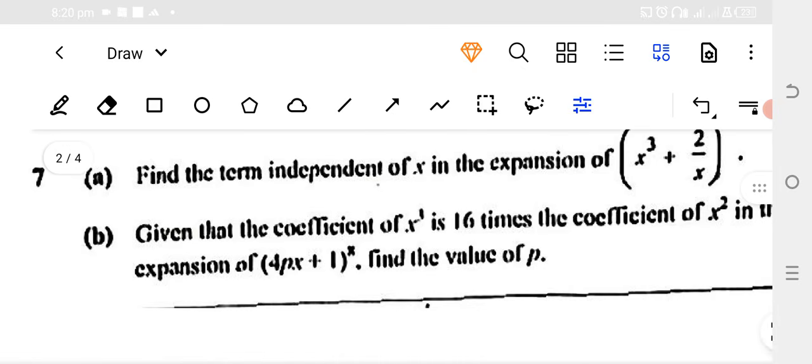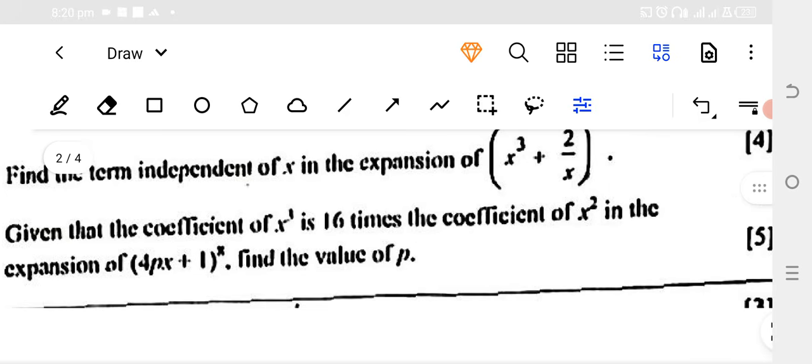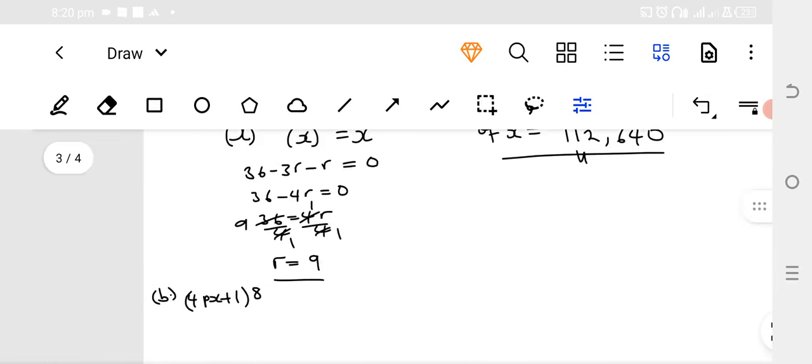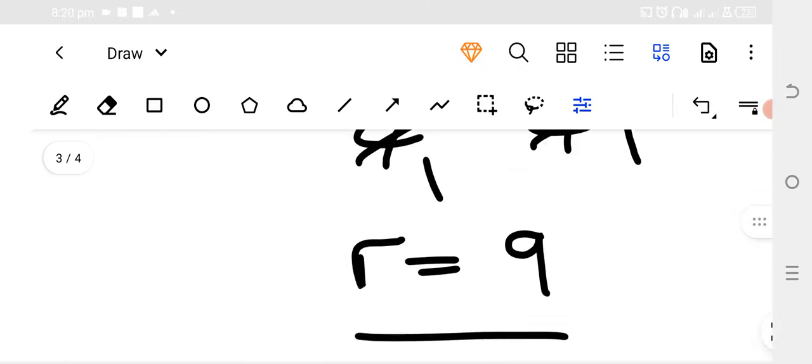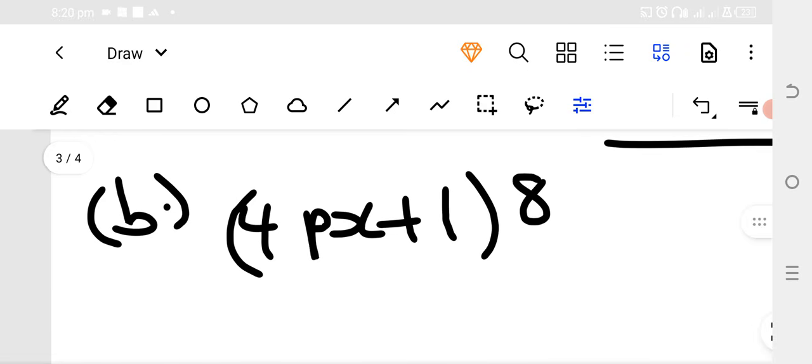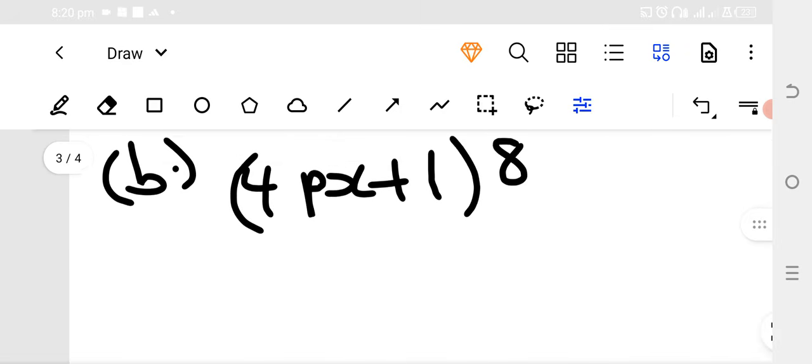We go to the first bit of information, which reads that given that the coefficient of x cubed, we need to expand, and then we know the coefficient of x cubed, and then we expand, we know the coefficient of x squared, and then we use the language that they have used there to find our answer.